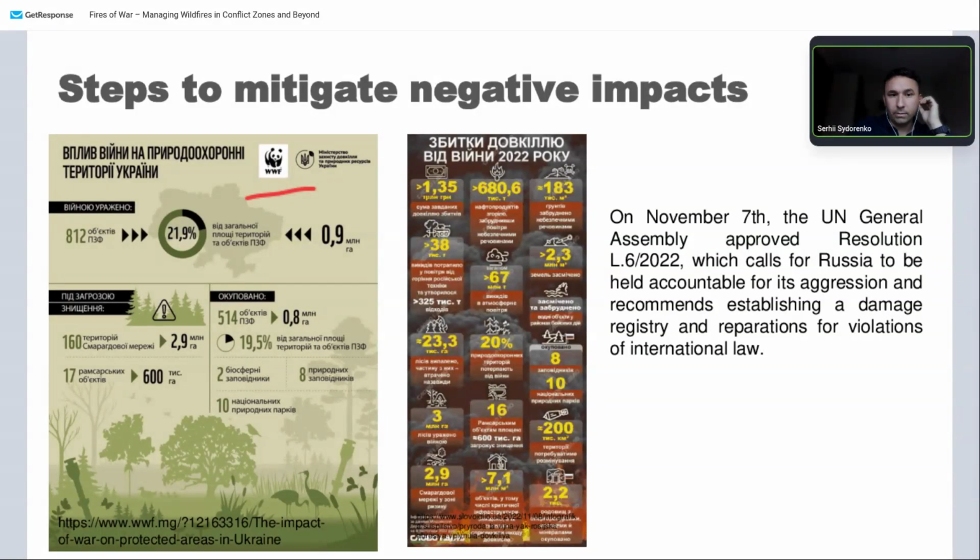So I believe that our research will seriously contribute to the development of a comprehensive methodology of war impact assessment in a broader sense, because now we have forest fires as a component, but I believe the methodology should be improved, and we also need to think about how to assess indirect impact of war in this scheme.